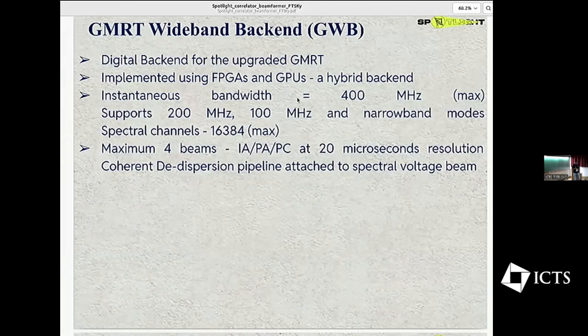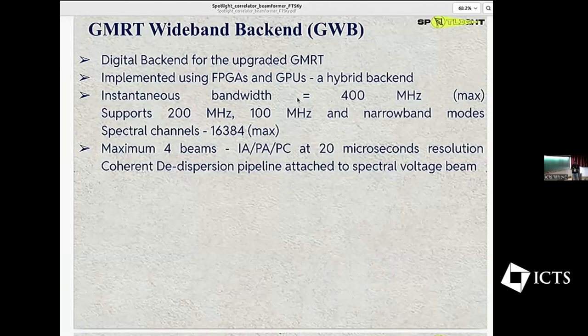Now, this is about the digital backend for the GMRT, the upgraded GMRT or GWB. Why I'm giving this is because Spotlight runs in parallel with the current existing backend in commensal mode. GWB is a hybrid backend built using FPGAs and GPGPUs. FPGAs with ADCs sample the baseband signals and digitize the data.